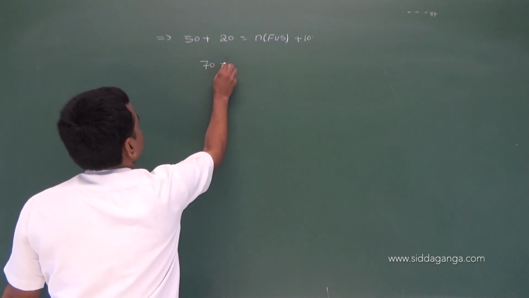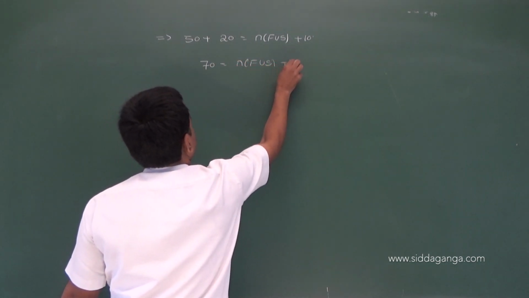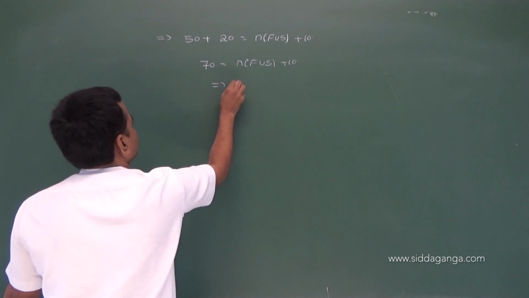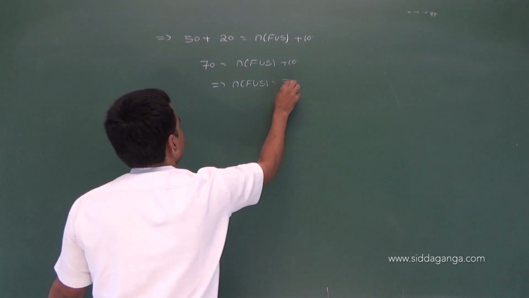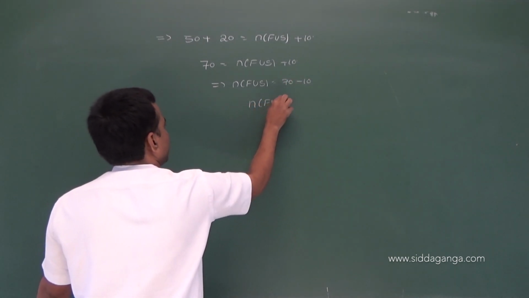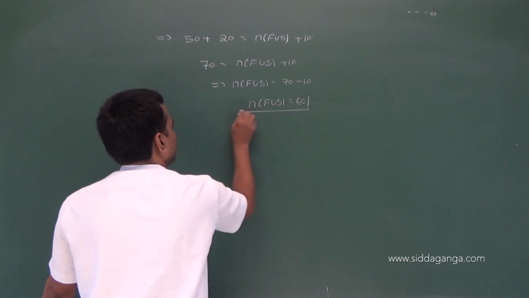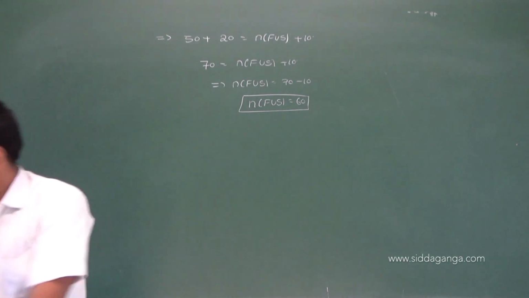So 70 is equal to n of F union S plus 10. That implies n of F union S is 70 minus 10. How much? 60.